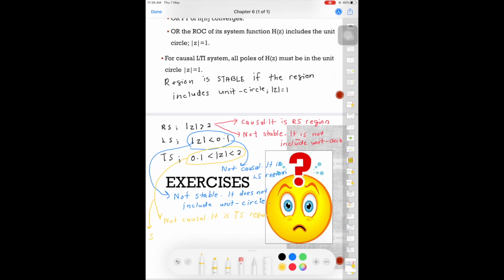Is it stable? Yes, it is a stable region because the region includes the unit circle.